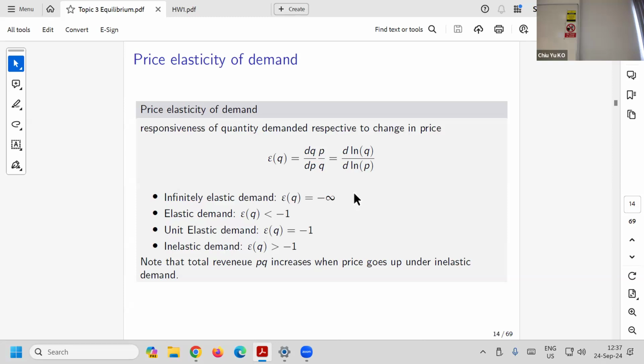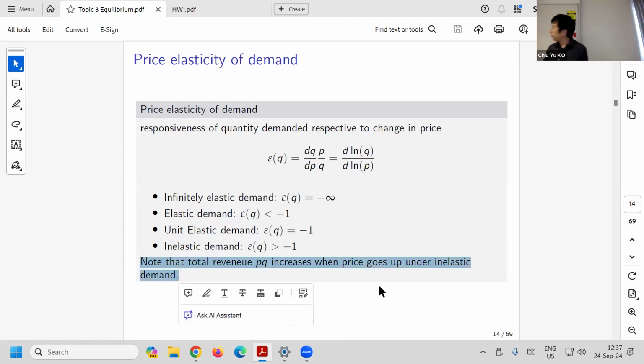Whether it is 1 or not, you learn in the microeconomics principles class, when it's elastic, that means the absolute value is more than 1, because a change in price leads to much more change in the demand. This is the very important thing you learn in undergrad: if the demand is inelastic, you want to increase the price.